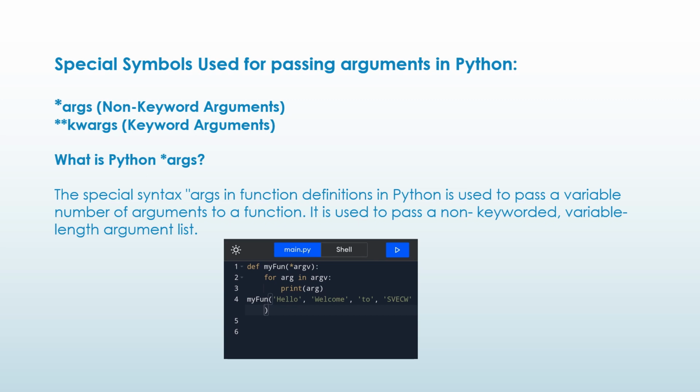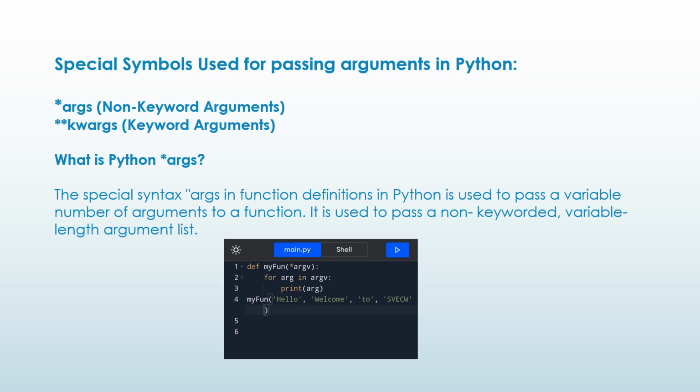This code defines a function called myFun that accepts a variable number of arguments using the *argv syntax. The *argv parameter allows the function to receive any number of positional arguments, which are then stored in the argv tuple.